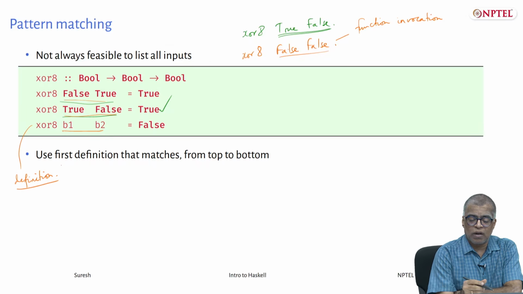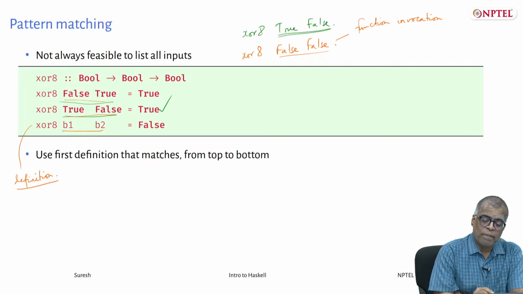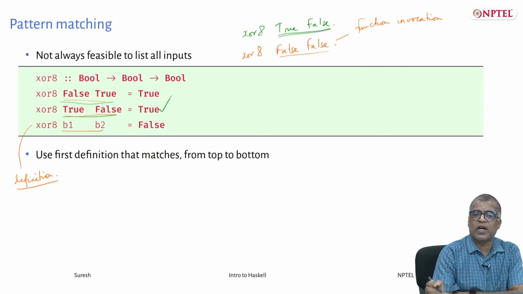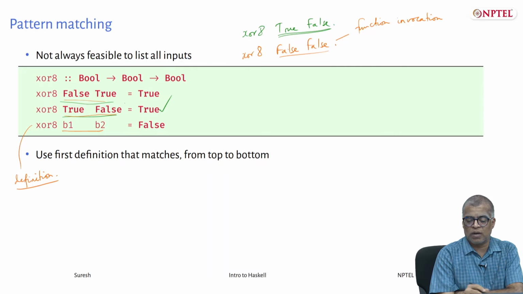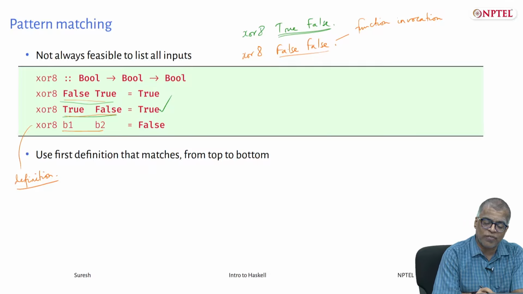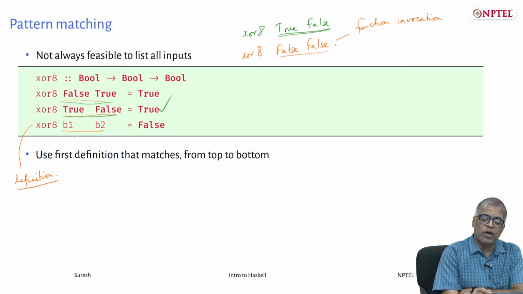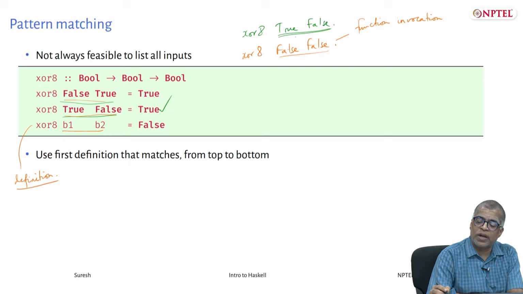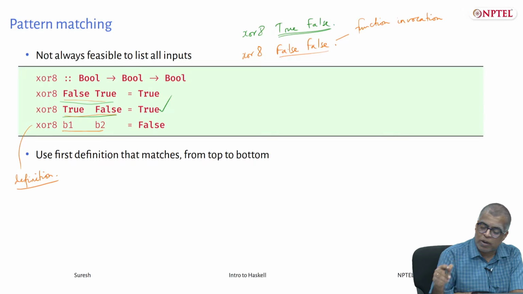So, the Haskell engine compares false, true against false, false. It's not the same. So, it goes to the next line of the definition. True, false is compared against false, false. Once again, the invocation doesn't match this line of the definition. So, it will go here, and there is b1, b2 here and false, false there. The point about Haskell is that any actual argument given will match a variable.